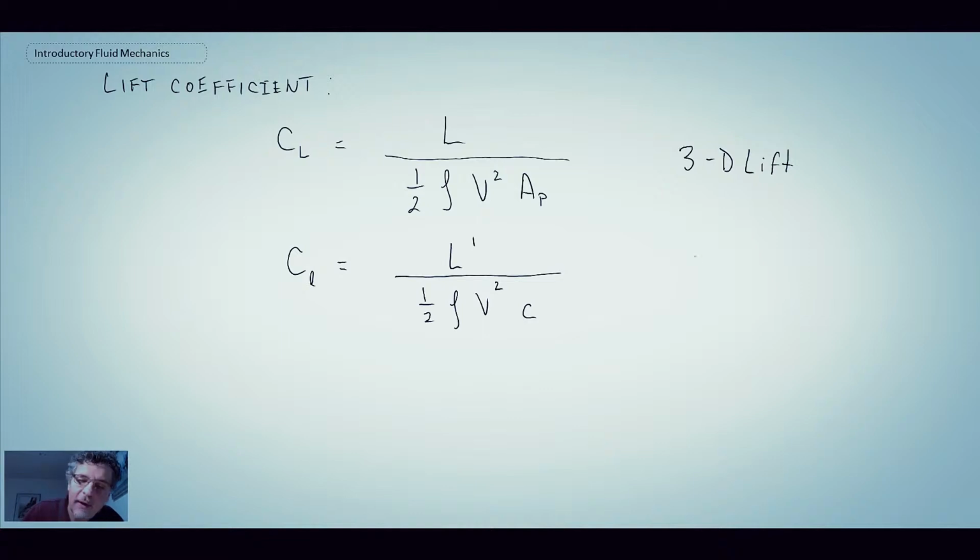And so this is referred to as being 2D lift, and L prime is lift per unit span. So there's a designation, a little l and a big L. And similar for drag coefficient, for any kind of lifting body, we always do characterize the drag through the drag coefficient, just like we saw earlier for cylinders and spheres.